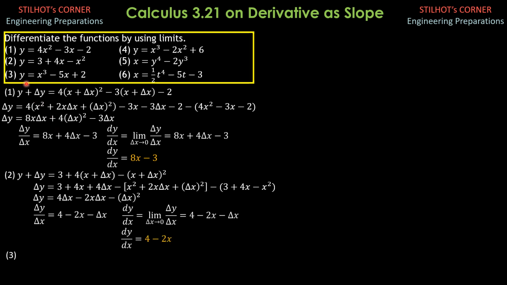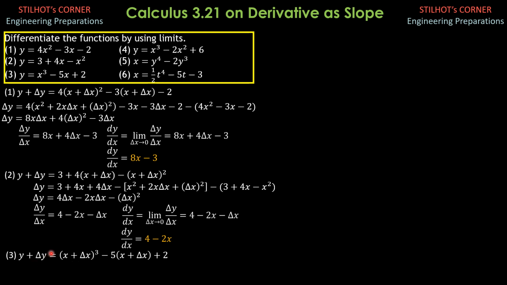Problem 3, y plus delta y equals quantity x plus delta x cubed minus 5 quantity x plus delta x plus 2. And the expansion of quantity x plus delta x cubed is the cube of the first plus 3 times the square of the first times the second plus 3 times the first times the square of the second, then the cube of the second.